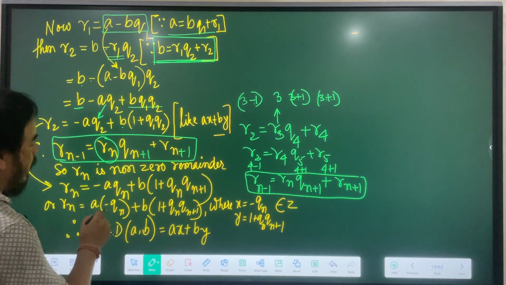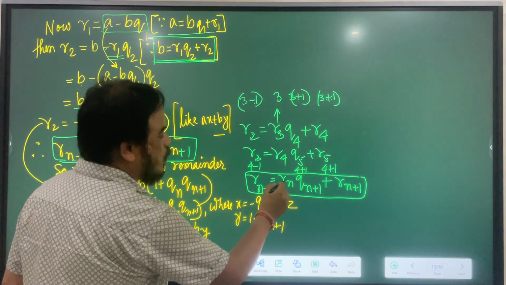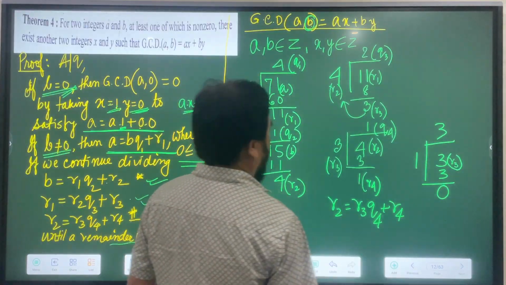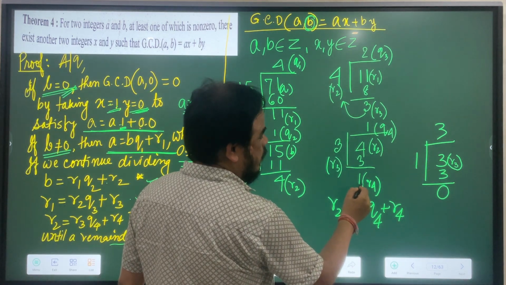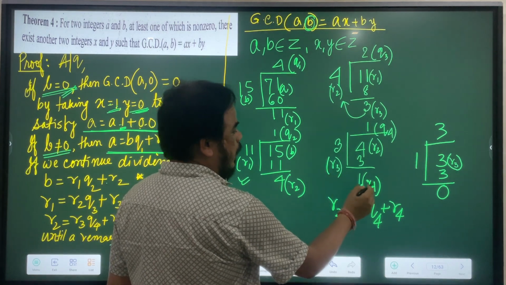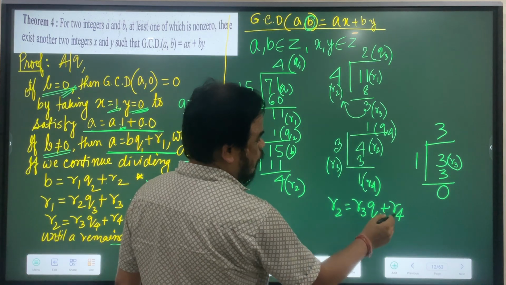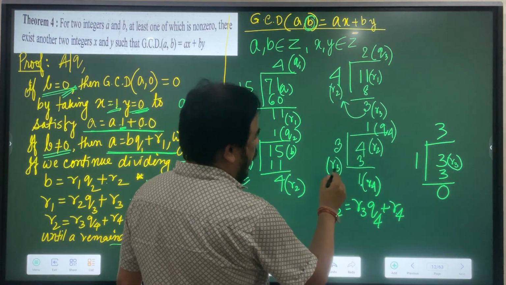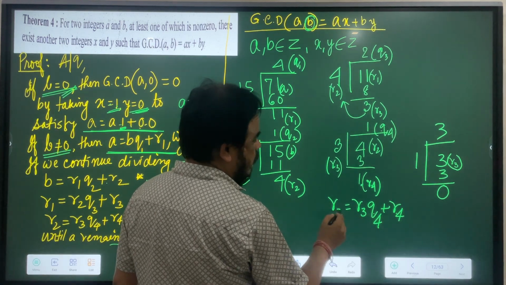Rn is a non-zero remainder. Here, whatever we get, this is a non-zero remainder. R4, R3, Q4, this is R2.